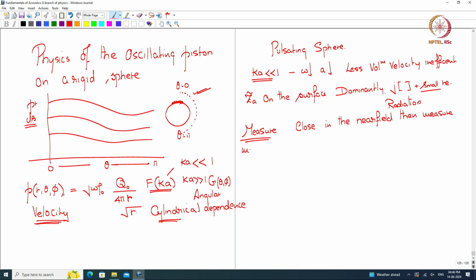You can measure, but measurement will be erroneous, because there is a very large velocity component which is 90 degrees out of phase with pressure. So, in measurements this velocity will overwhelm or bury the in phase velocity.